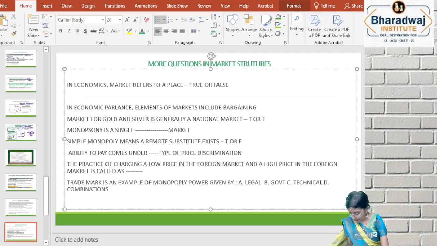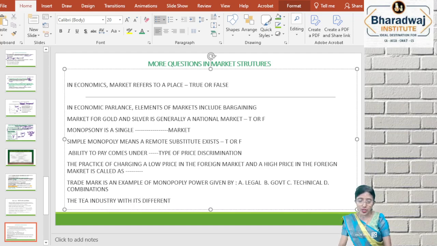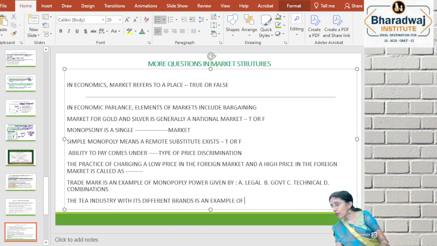The tea industry, the tea market, with its different brands is an example of dash market.